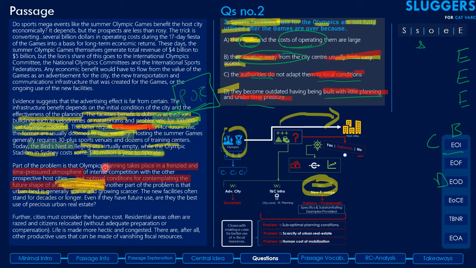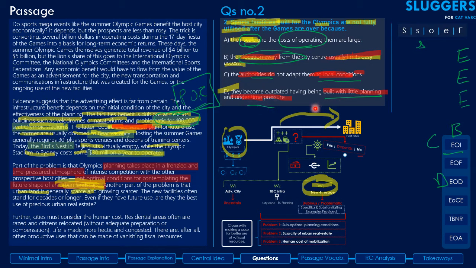Let's come to the point of reference. Part of the problem is that Olympics planning takes place in a frenzied and time-pressured atmosphere, that is, a very chaotic atmosphere of intense competition with other prospective host cities, not optimal conditions for contemplating the future shape of an urban landscape. So yes, there is a discussion about little planning and infrastructure being built under time pressure.